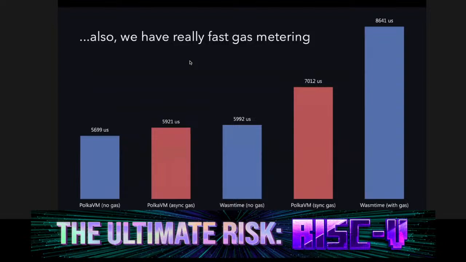So you can have this essentially free performance uplift, like with no downside essentially. And the funny thing is, when we are running with gas metering, we are faster than WASM time, which is running without gas metering. And our gas metering in general is faster than theirs.